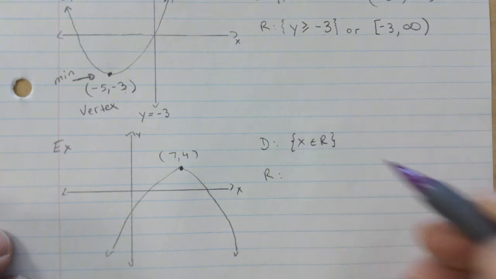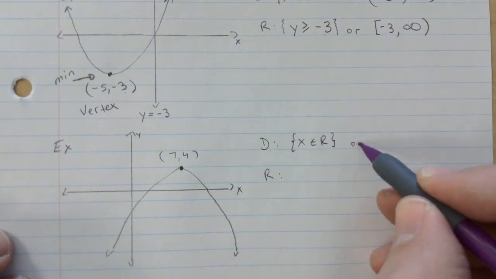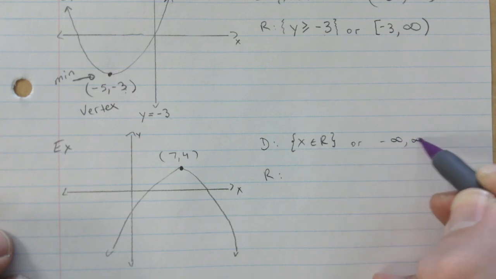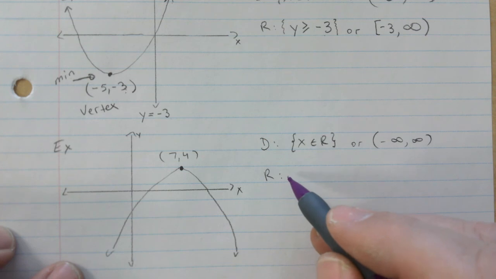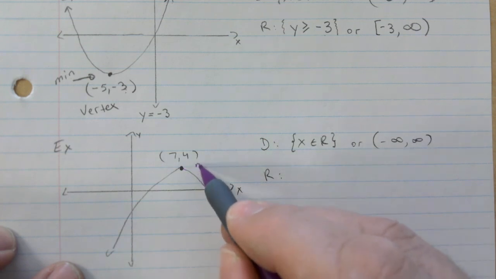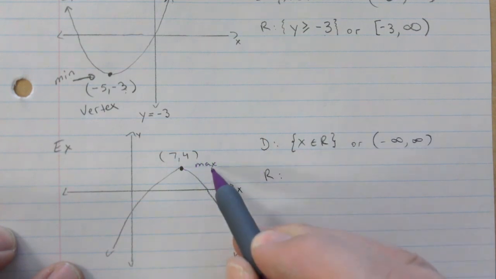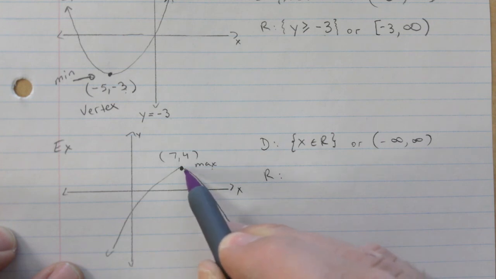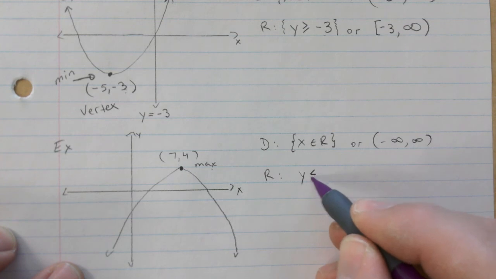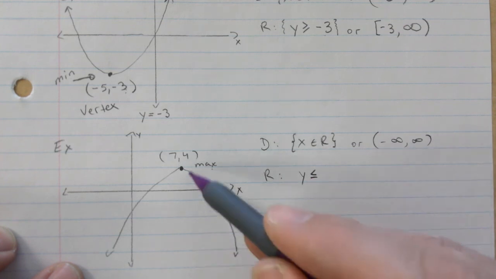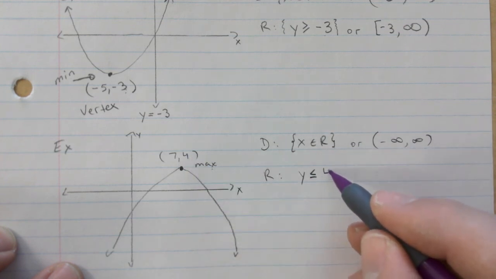These are the official squiggly brackets, okay? And for range, this is a max, right? That's the highest point I reach. So if you look up there, y is always going to be less than or equal to 4.